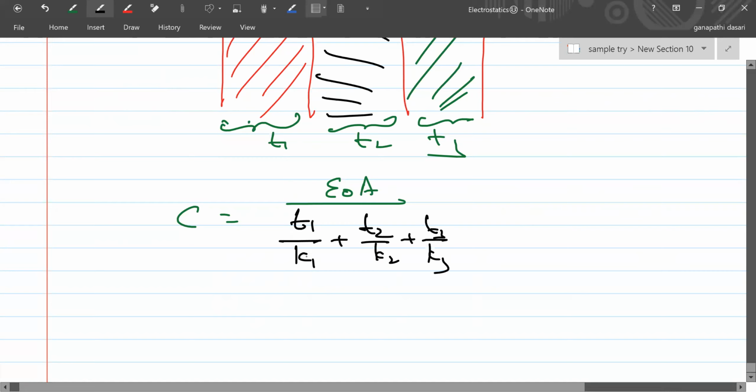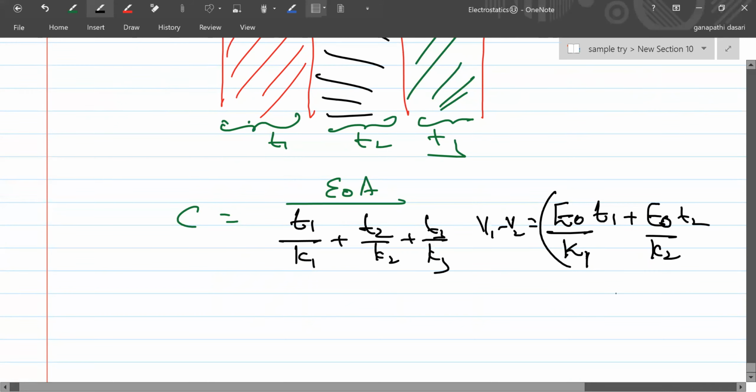How is this formula obtained? You can see E naught by K1 into T1 thickness there, from the previous derivation that we have done. V1 minus V2 will be equal to, the first drop will be due to the electric field in this region, E naught by K1 into thickness T1, plus the second drop E naught by K2 into thickness T2.